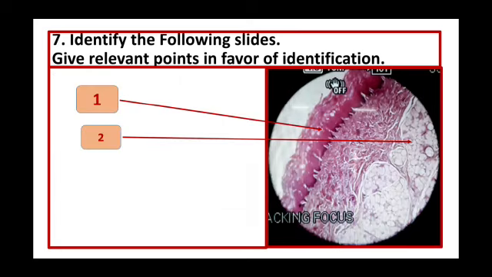Just coming to slide number 7. So try to identify the slide and give points in favor of its identification.